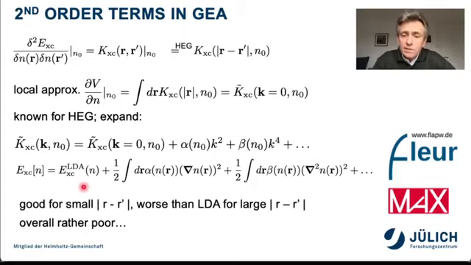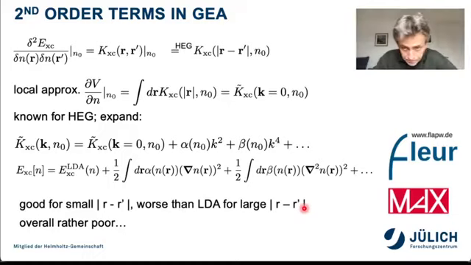It turned out that this is actually quite good for small r minus r prime differences, but performs considerably worse if you go in the limit of large r minus r primes. So overall, this gradient expansion approximation performed rather badly.